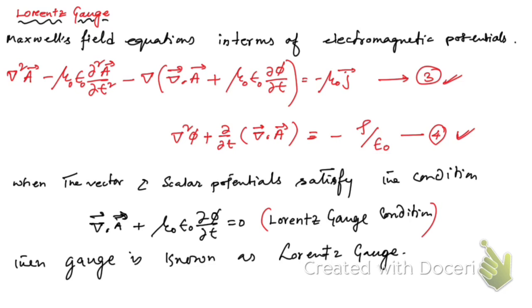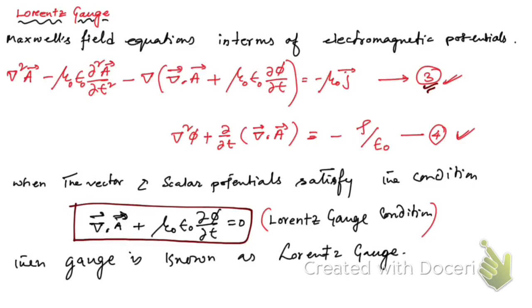Now you see, if you use this condition here, then this term is going to be equal to 0, and this term can be replaced by the negative of this, right? So let me take a new slide. If you apply this condition in equation number 3, then equation number 3 will be of this form.